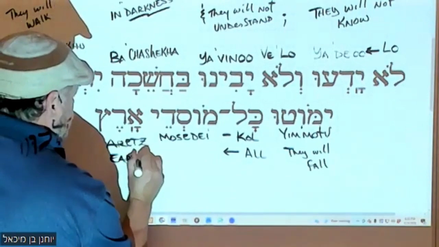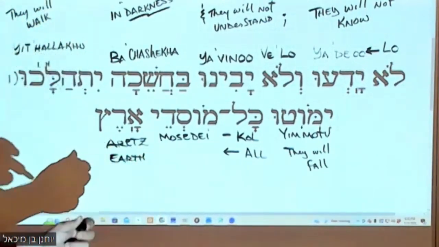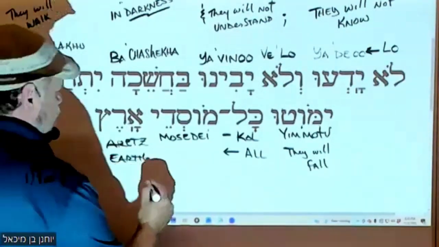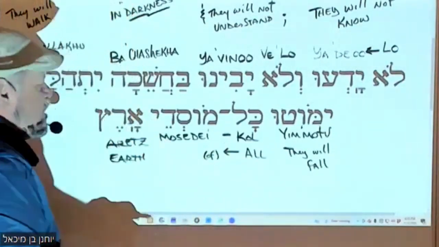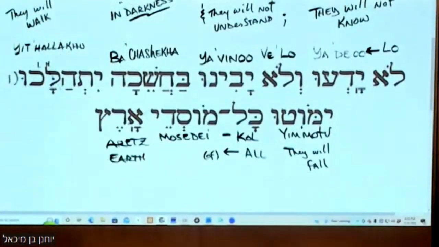So we've got to figure out most of the day. So we've got of, right? I'm just going to put of in parentheses. So what's our root word? Mosed. Okay, so what does mosed mean?